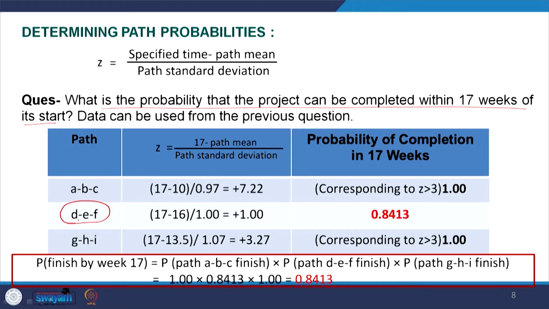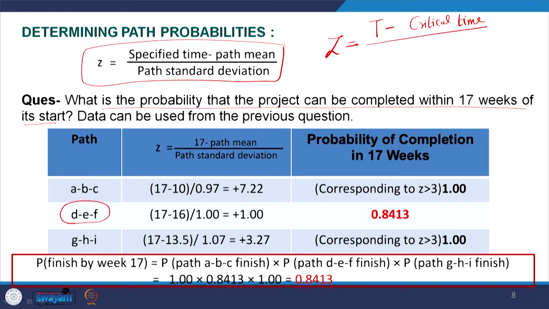For that purpose, I am only doing the calculation with respect to my critical path. The critical path is 16 weeks. So, here we will calculate the value of the Z coefficient. The Z value is the time in which we want to determine minus the critical time, divided by the standard deviation of the critical path.